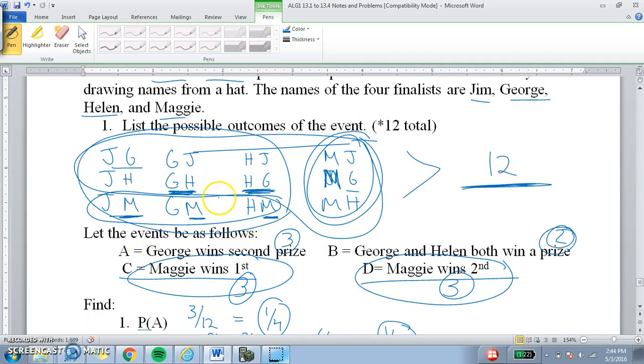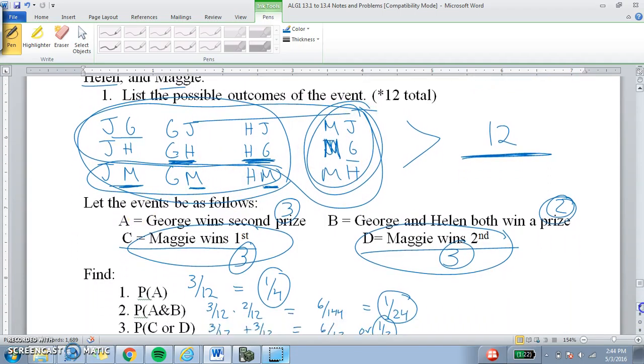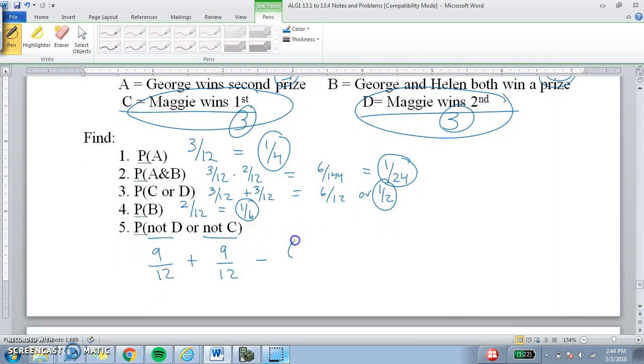So those 3 overlap, and these 3 overlap means we have 6 total events that are overlap. So we have to subtract those 6 out of 12 events from our total. So adding all that together, 9 plus 9 minus 6, we would get 12 out of 12, or a 1 probability, which means a 100% chance that that's going to happen.